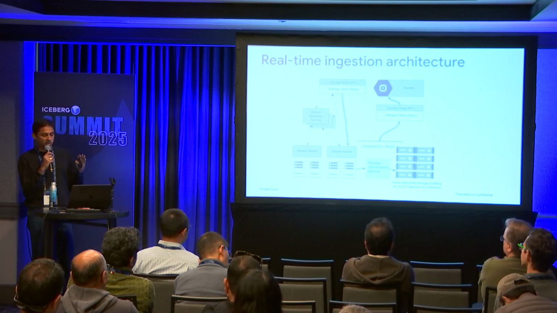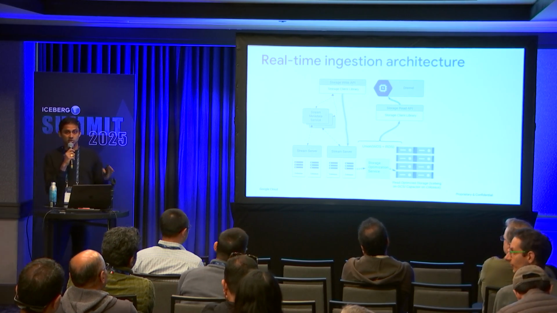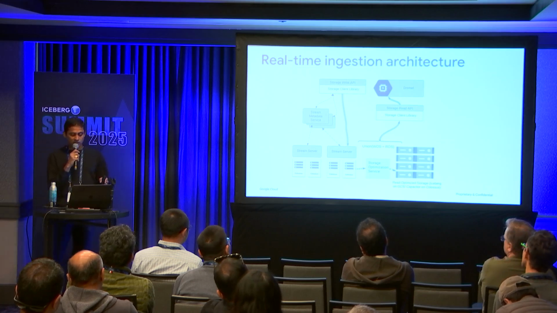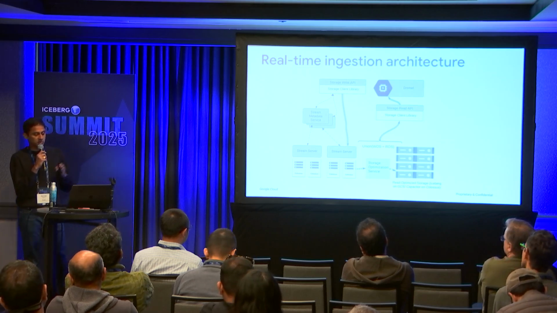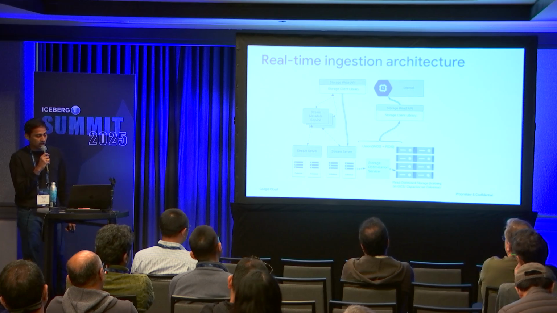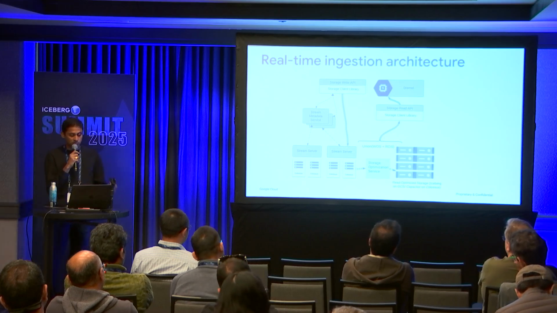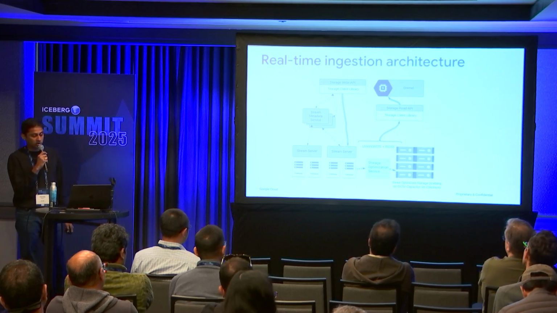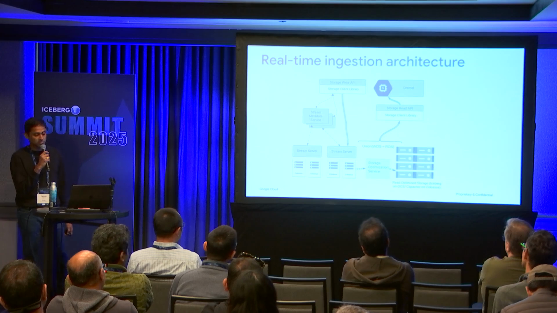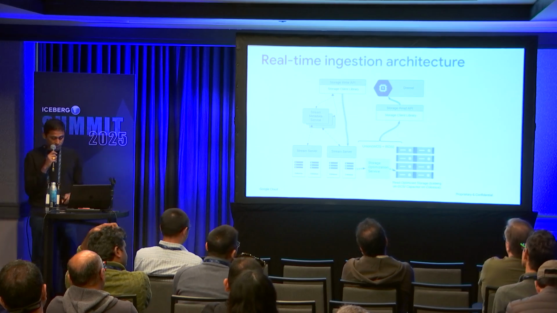Unlike other systems where you have to partition upfront and write to your Iceberg tables, in our case, we leave the heavy lifting of partitioning to the back end of the system. The storage optimization service performs real-time partitioning and in the meantime also converts the data into your Iceberg format on GCS.